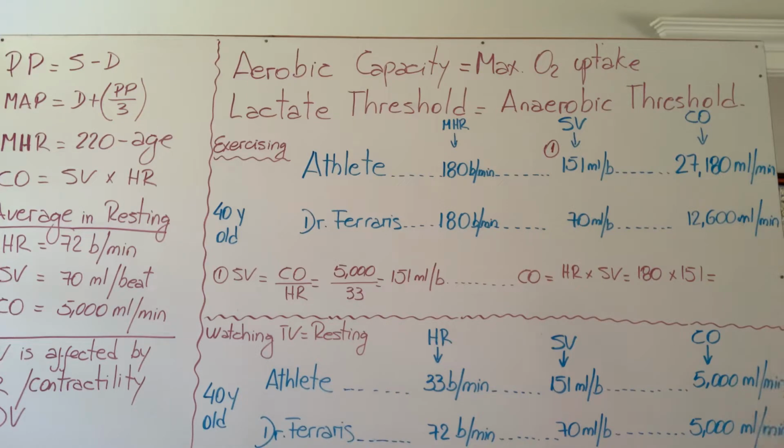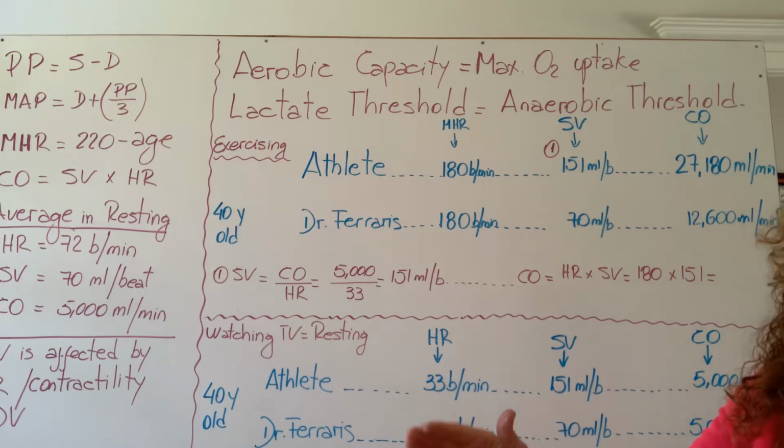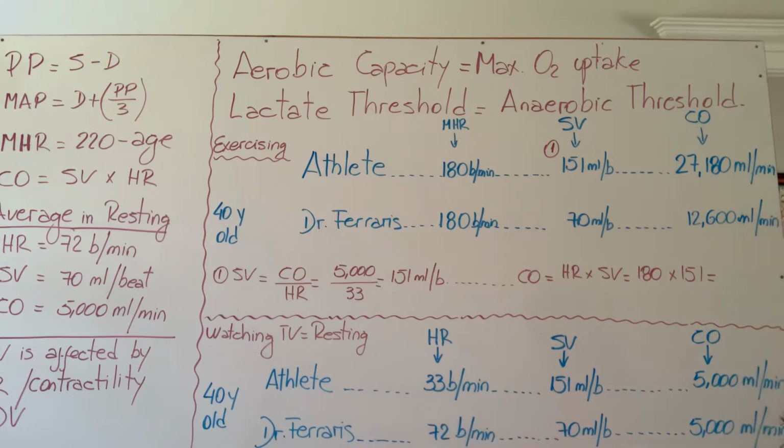It's developed through a really reasonable period of time, and sometimes it's years. But certainly the aerobic capacity of an athlete is higher than the aerobic capacity of a person that is not trained. And it's important because aerobic capacity and lactate threshold or anaerobic threshold are very connected.